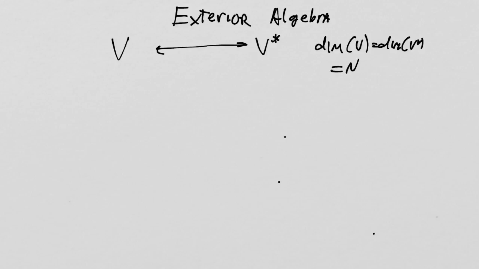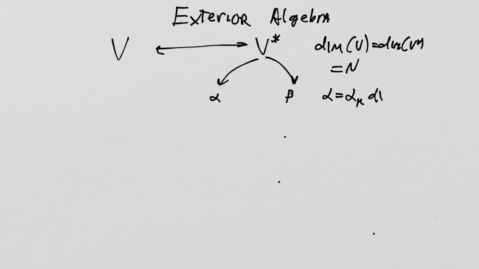And from this, we can create our one forms, because the one forms are elements of the dual space. So we can create one forms, say alpha and beta, where of course alpha is going to equal alpha mu dx mu, it's got a covariant component, right?